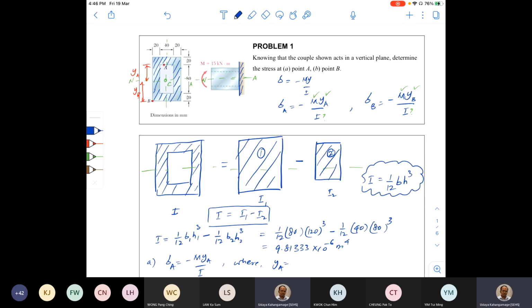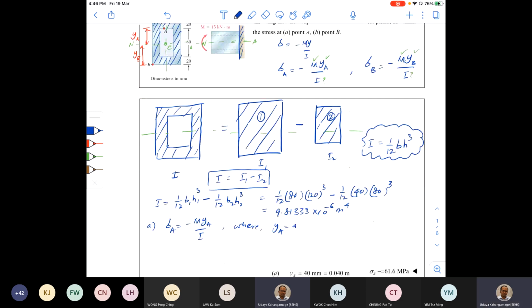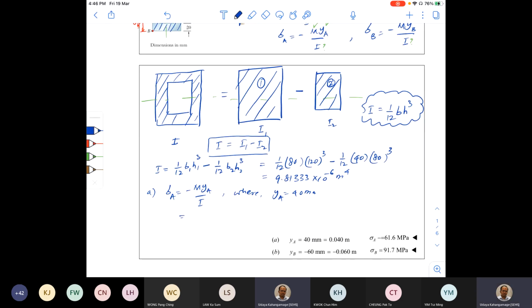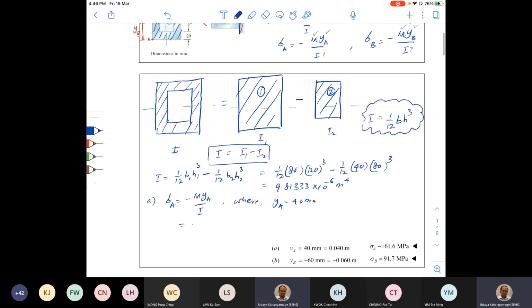YA is 40 millimeters. So it is equal to, M is 15 kilonewton meter, 15 times 10 to the power 3, YA is 0.04 meters, divided by I. We found that I is 9.81333 times 10 to the power minus 6. You simplify this one, you get the answer.